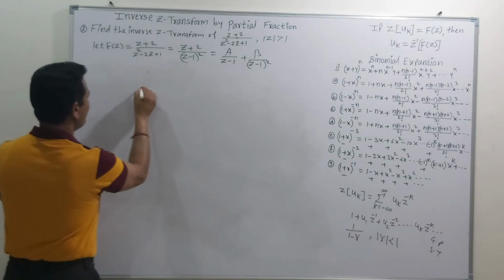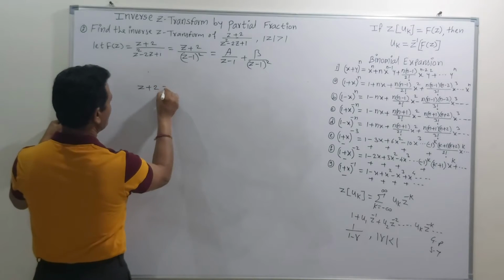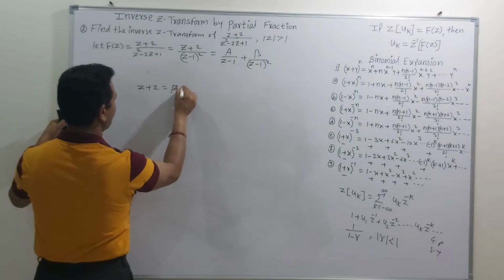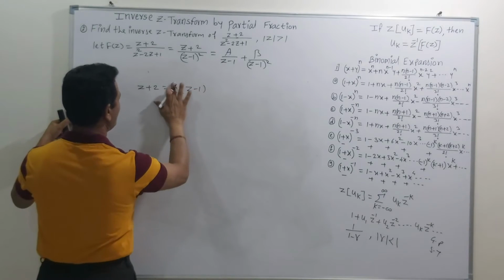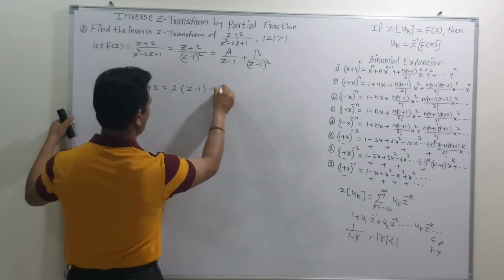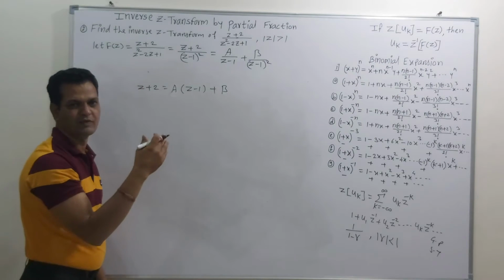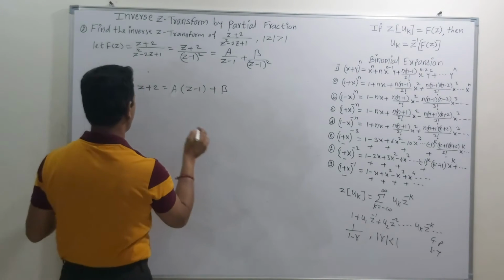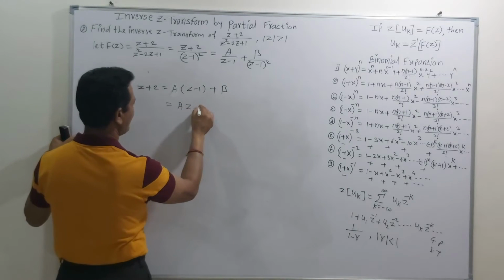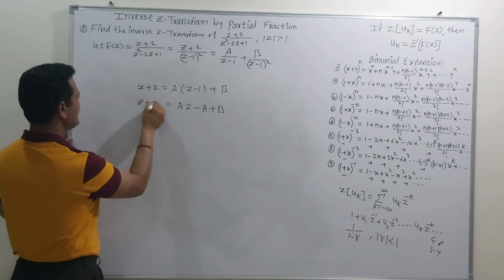If we simplify this, then we get z plus 2 equal to a into z minus 1 plus b, after z minus 1 its square gets cancelled. So we get az minus a plus b, which equals z plus 2.